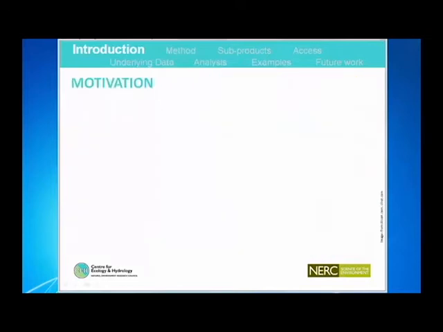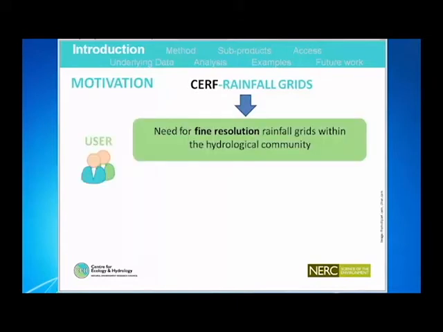So, what was the motivation to create a new rainfall data set? We've seen that SURF rainfall grids were not perfect, but even like that, they were very popular and widely used. It's been used by many people. So we really felt that there was a need within the hydrological community for fine resolution rainfall grids.